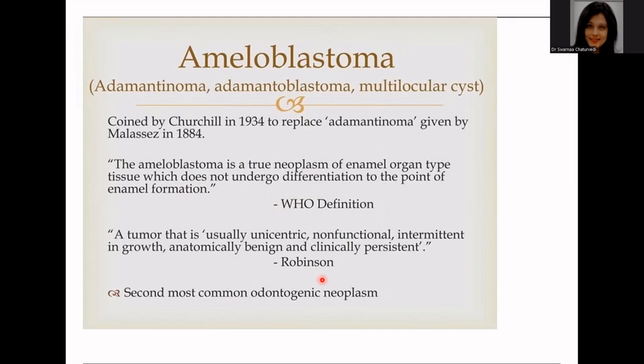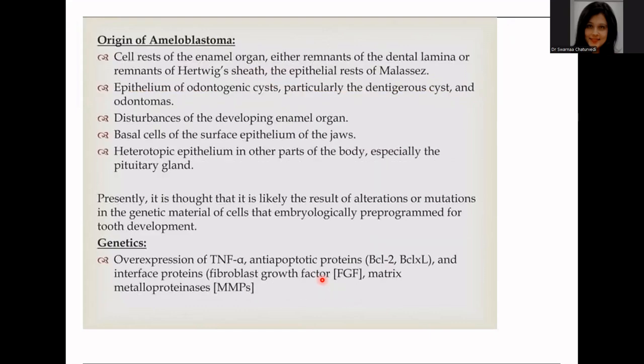Amongst all the odontogenic neoplasms, this is the second most common one. Now, what is the origin of ameloblastoma? Cell rests of enamel organ, either remnants of dental lamina or remnants of Hertwig's sheath, epithelial rests of Malassez. So these are the origin places.